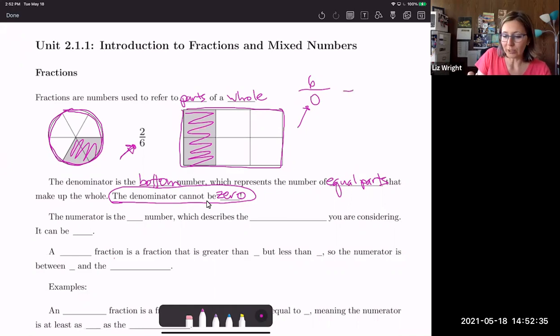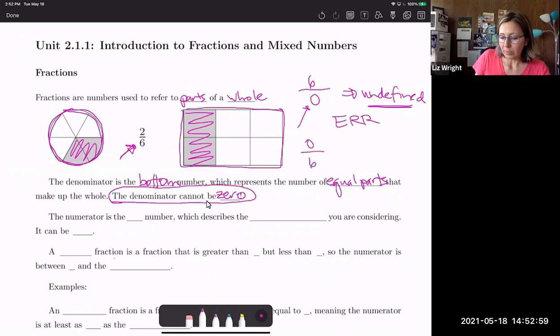So this situation is what's called undefined. You can even try it in your calculator if you'd like. You can do 6 divided by 0, and oftentimes your calculator will say ERR, or it'll just say error. It'll actually say the word in there.